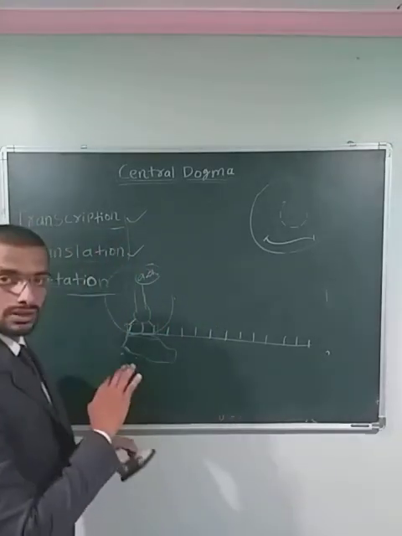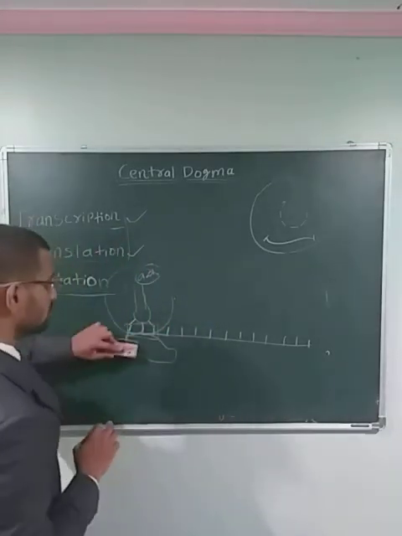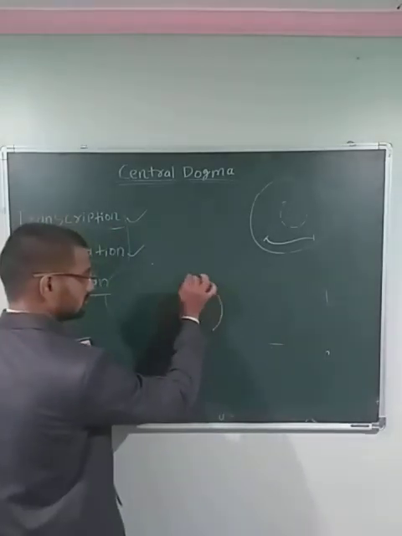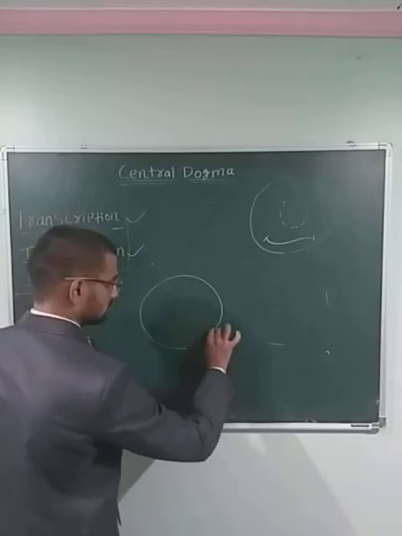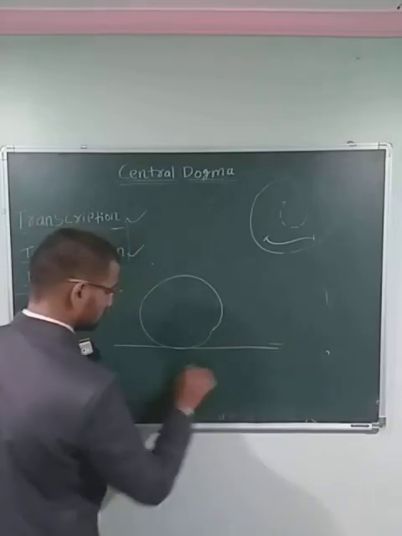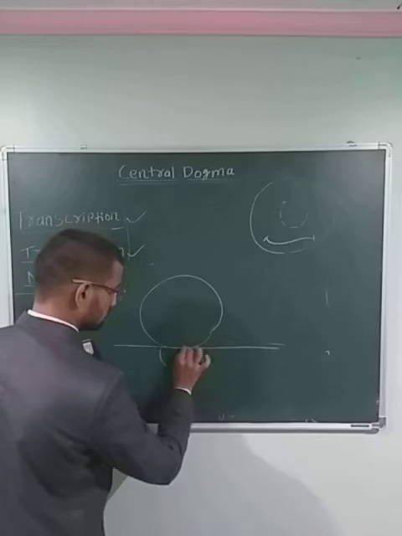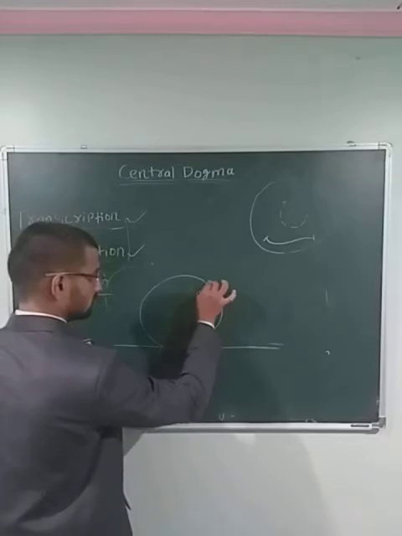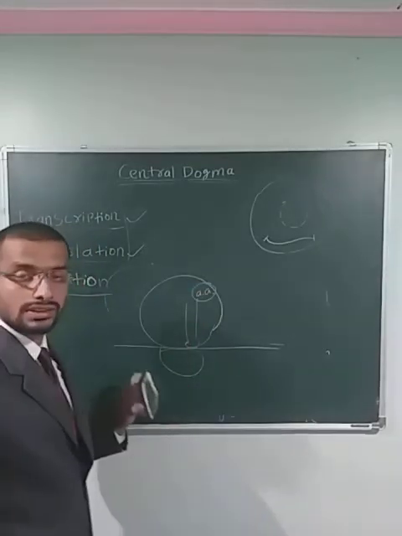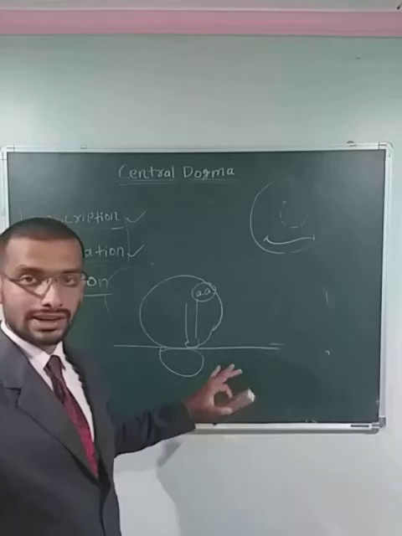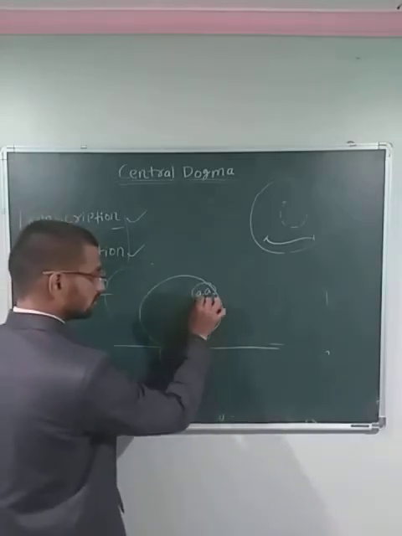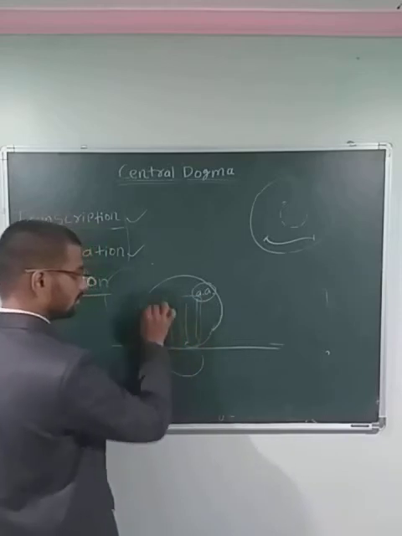Now we have a picture for this in the 10th standard book also. We will just enlarge this image. The first tRNA which attaches to the mRNA is called the acylated tRNA, an active tRNA, which then moves to the next segment.